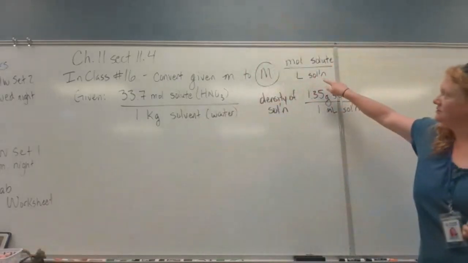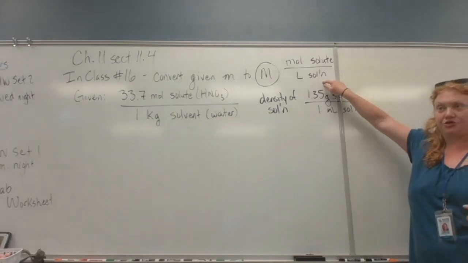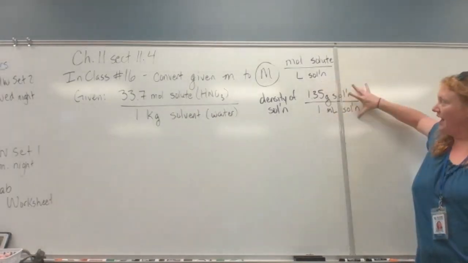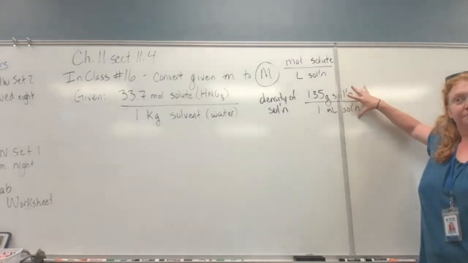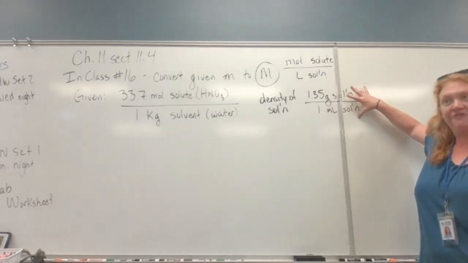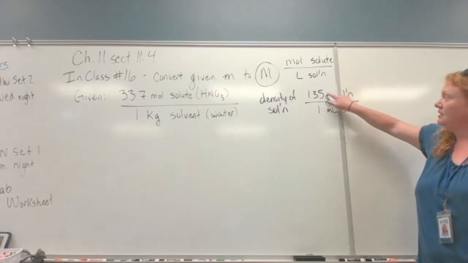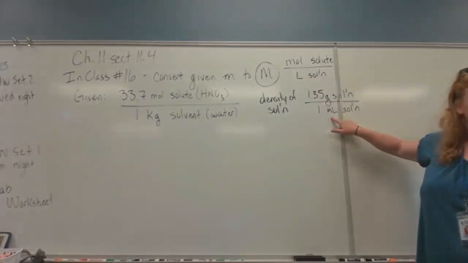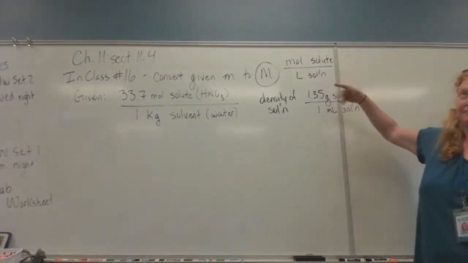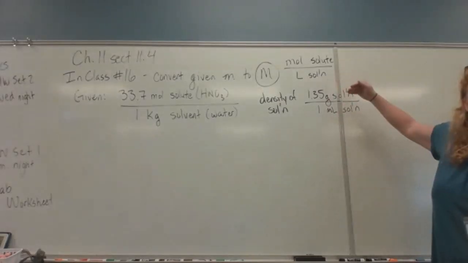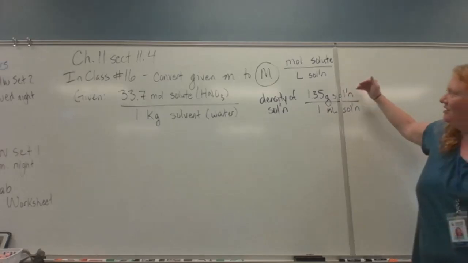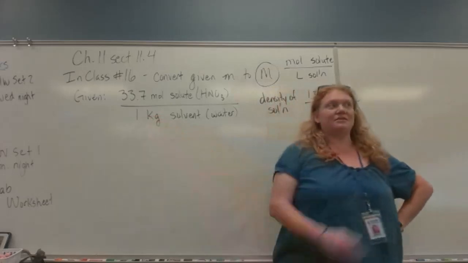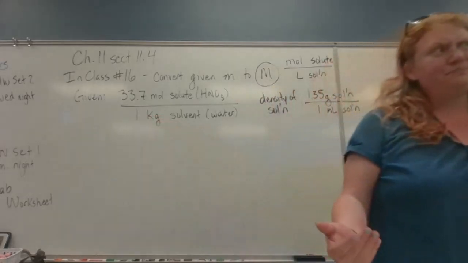In order to get volume of a solution in some way, I can use this density, right? If I know the mass of solution, I can get the volume from the density. But I don't have the mass of the solution. What do I have? The mass of just solvent.